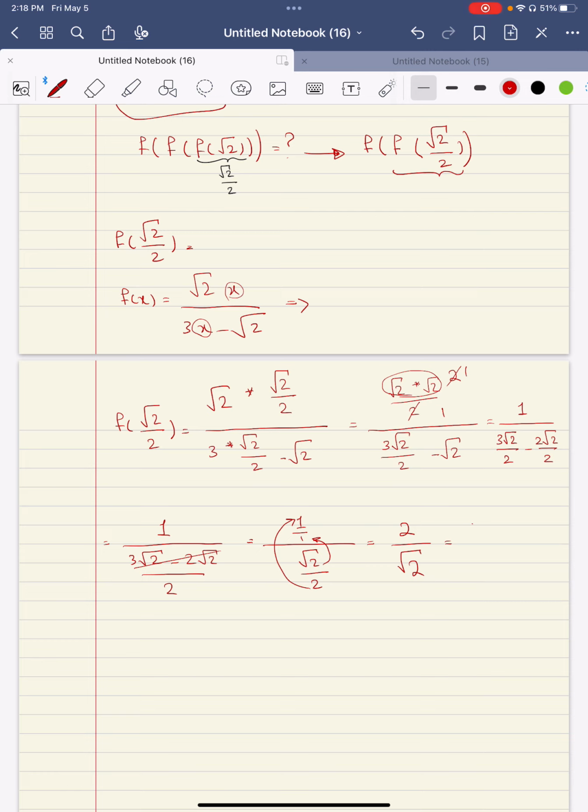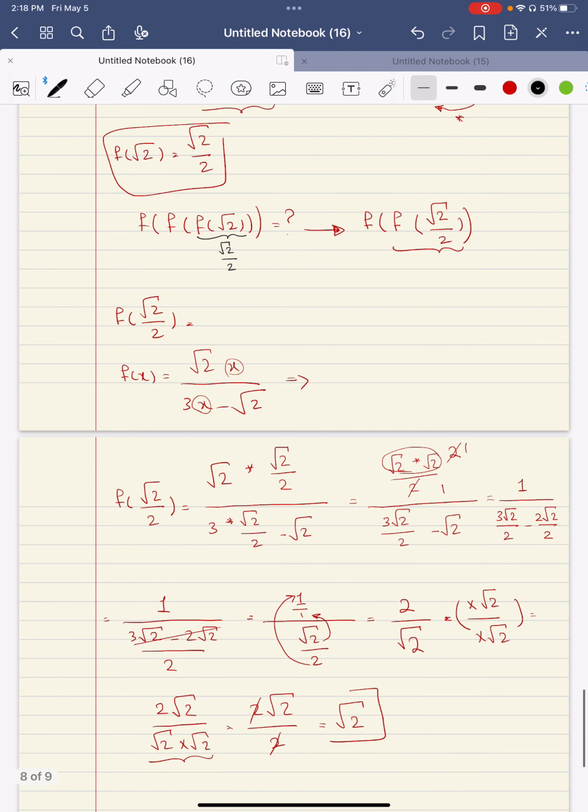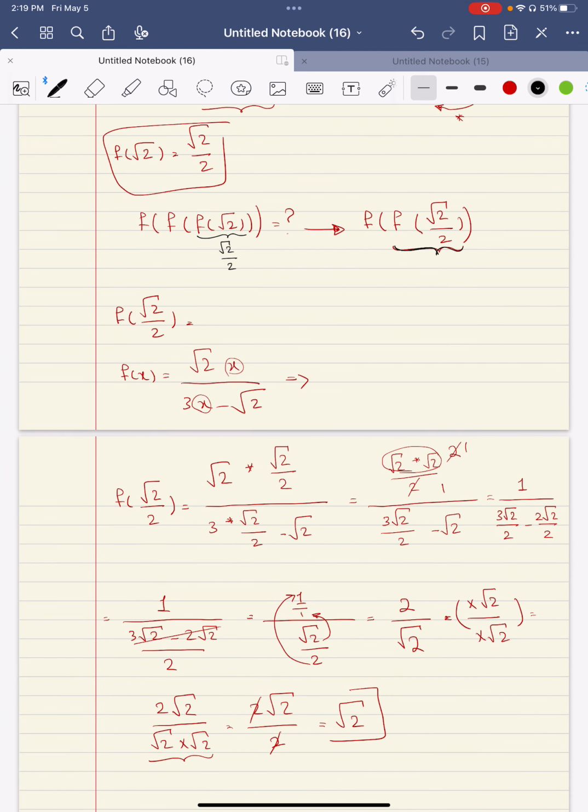If we multiply both the numerator and the denominator by root 2, we will have 2 root 2 over root 2 times root 2, which is 2, so the 2's cancel out, and we have root 2 as the answer. So this root 2 is the answer for this part.